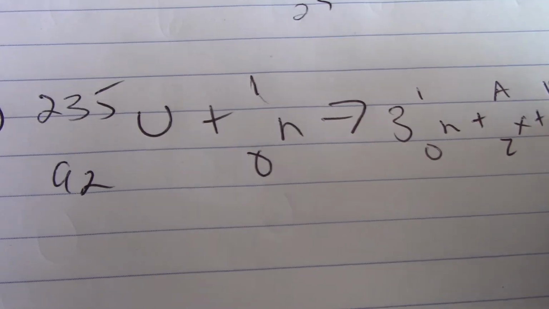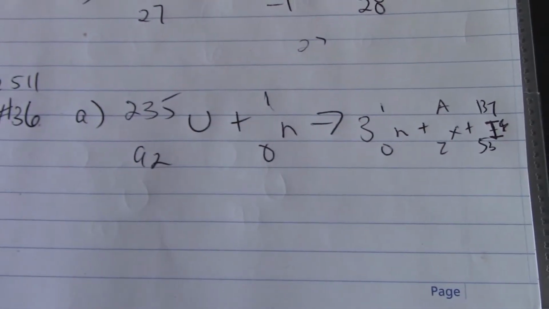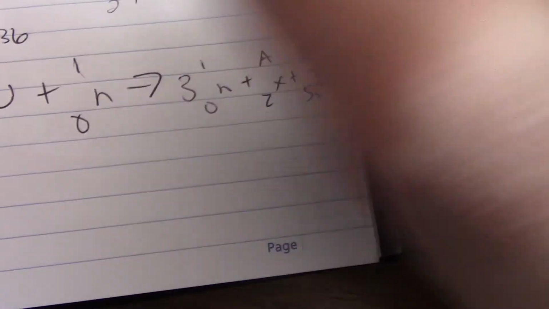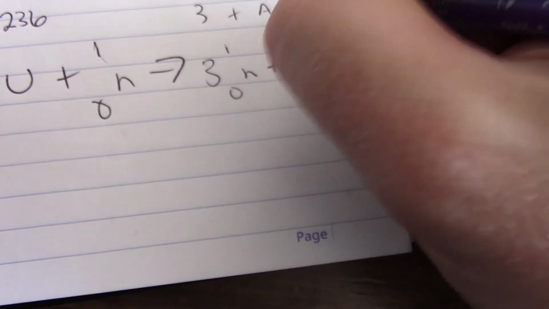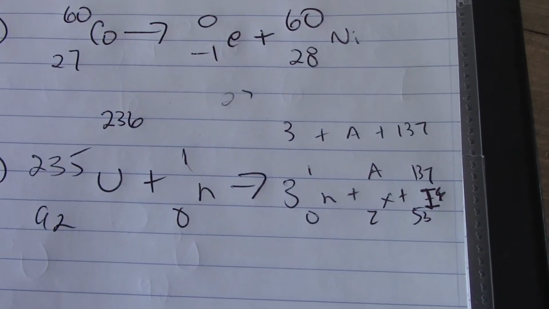All right, so here's the deal. I have a total mass number of 236 on this side. I've got 3 plus A plus 137 on this side.